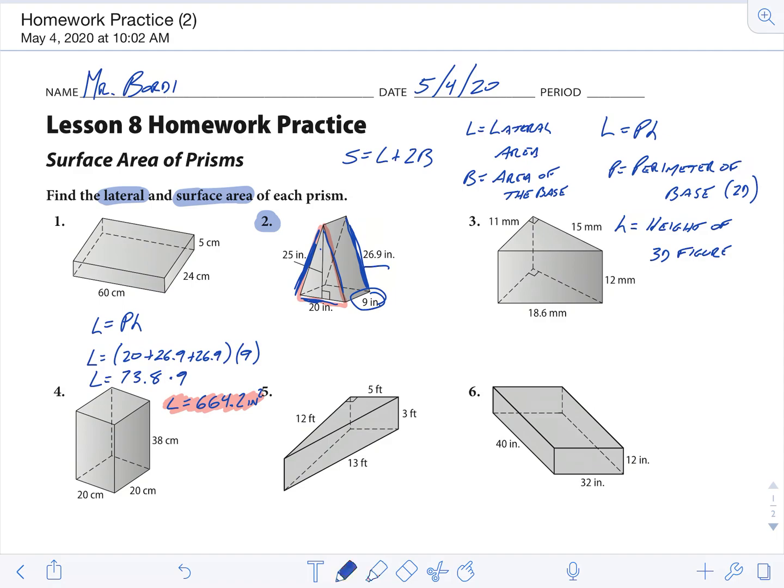So now surface area, S equals, actually let me erase some of this stuff here so you can see. S equals L plus 2B.